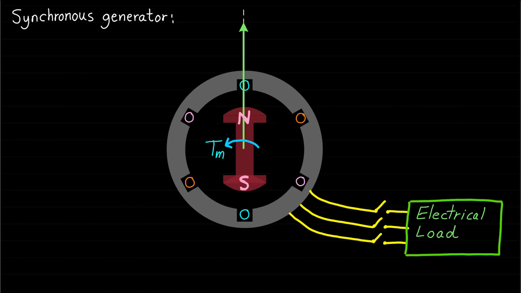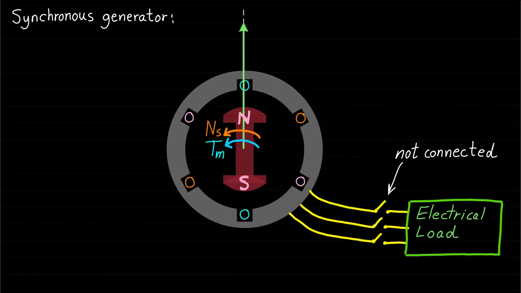Therefore, the rotor will rotate at a certain speed ns in this direction. Note that the torque Tm at this point is very small because the electrical load is not connected to the machine yet. In other words, there is no resistance against the turbine rotation.